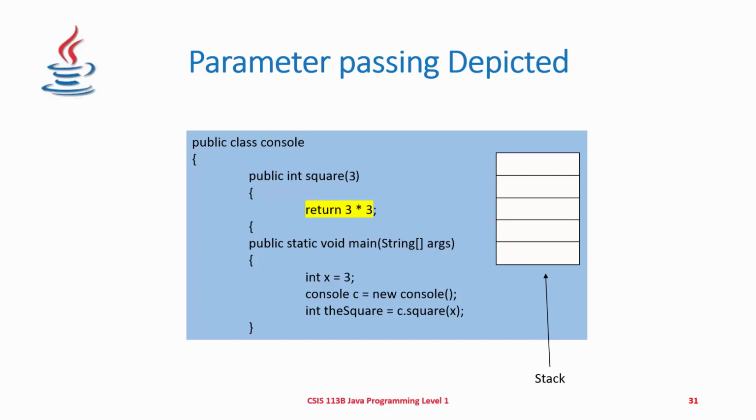So the return value is created at that point, and 9 goes back onto the stack, pushed again, and then popped back off once the flow of control is handed back over to the main method. It's returned to the main method, the value of 9 is inside the parentheses for c.square, and that's assigned to the variable square.